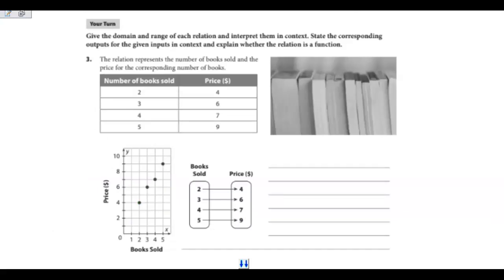Give the domain and range of each relation and interpret them in context. State the corresponding outputs for the given inputs in context and explain whether the relation is a function. So the table tells me that the number of books sold is my x value or my input. My output is the price of those books. They give me the information in a table, in a graph, and in a mapping diagram.